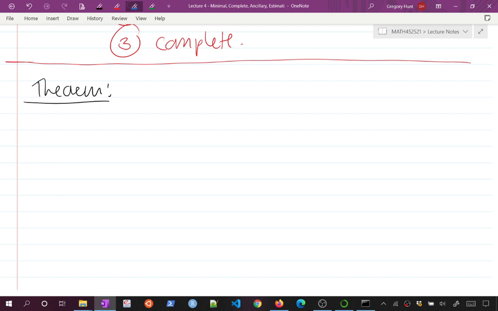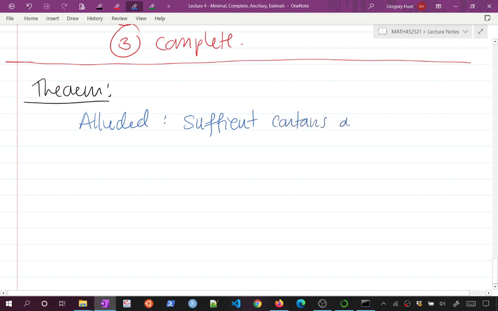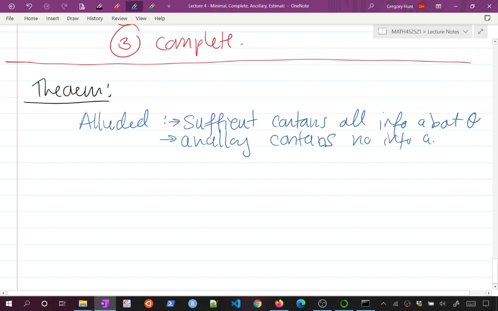So we had alluded to the fact that sufficient contains all info about theta, and furthermore that ancillary contains no info about theta.